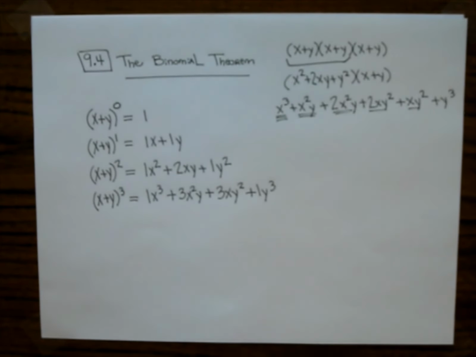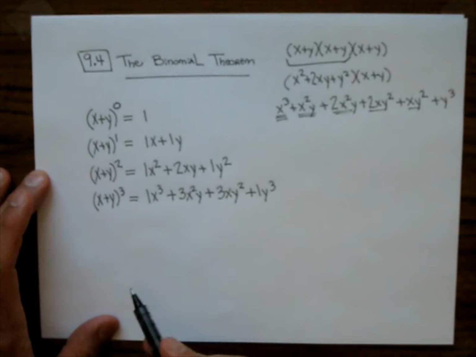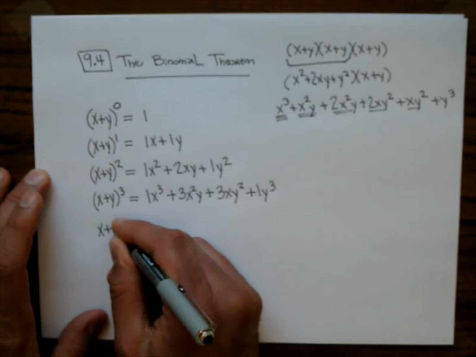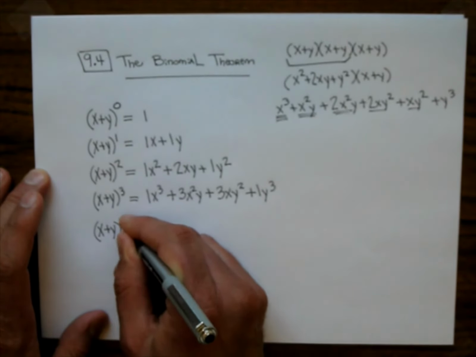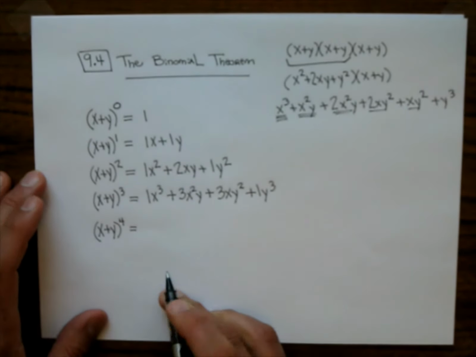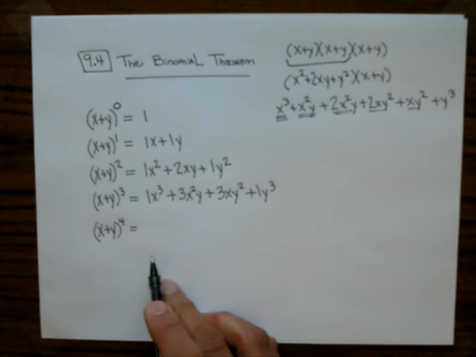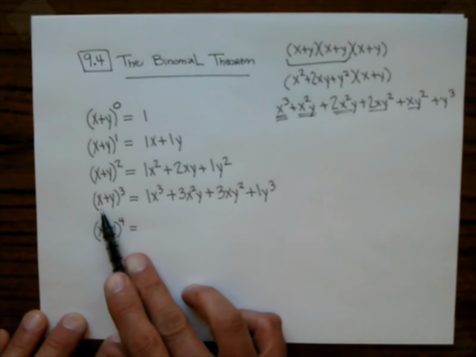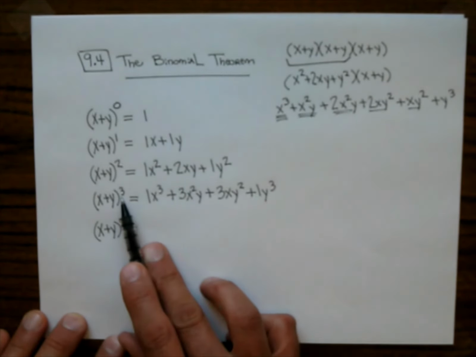Okay, so notice there's a few things that are happening here, because the next one that we want to do is x plus y to the 4th. And I know what you're thinking. You're thinking, no way, we can't do that. Well, we can. And the first thing to realize is that, look at this last one. This character here, he's an x, and he's fully alive. He's to the 3rd power.